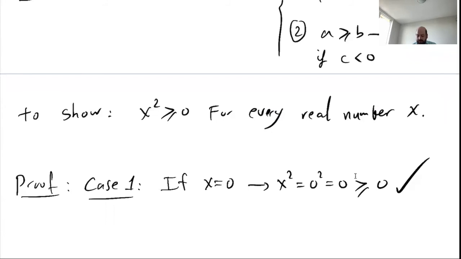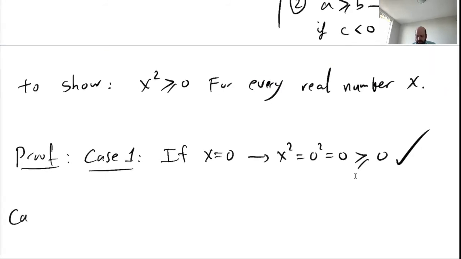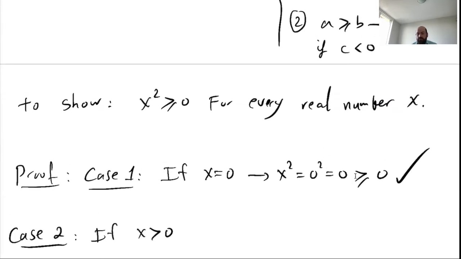So we are done in this case. Case 2, if x is bigger than 0, right? I want to prove the statement about the real number x. Now, there are only 3 possibilities for it. It's either 0 or something positive or something negative.